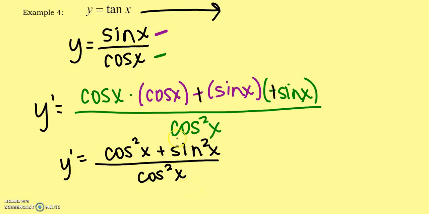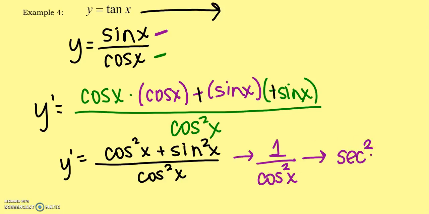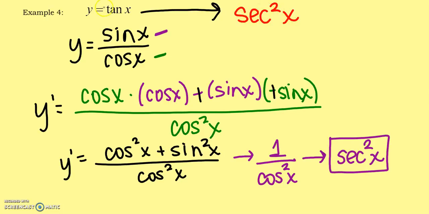But what we can do is we can think about our identities. And we know that cosine squared plus sine squared from our trig days is equal to 1. And we have cosine squared left in the denominator. Well, using reciprocal identities, the reciprocal of cosine is going to be secant. So this means that the derivative of tangent is equal to the secant squared of x.